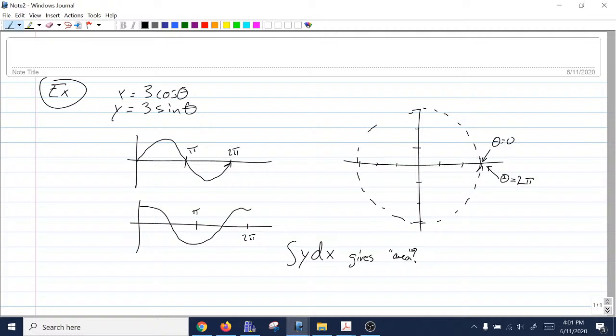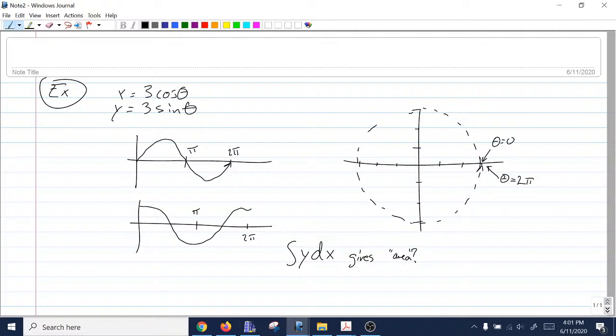The idea is, what do I get if I just integrate from 0 to 2 pi of y dx? Is it going to give me the right thing? Sometimes this stuff's going to be negative, and sometimes it's going to be positive. Very often, just integrating y dx from here to here gives you the right thing, maybe with a minus sign on it. Let's think about what happens as I break this into pieces, though.